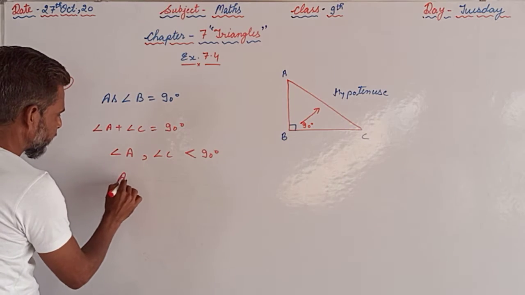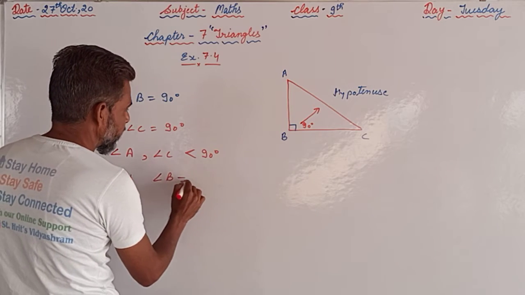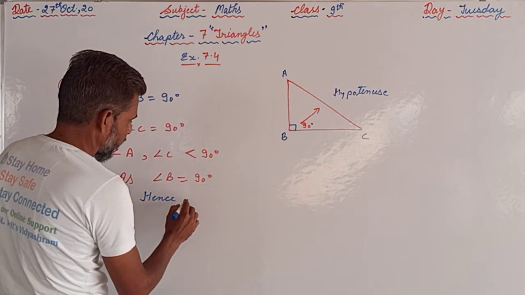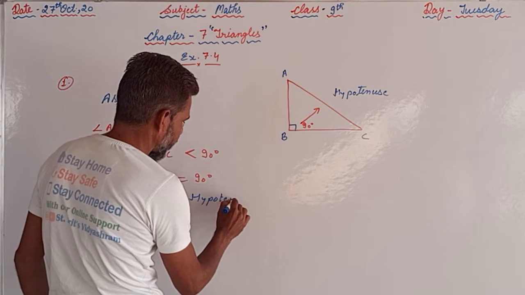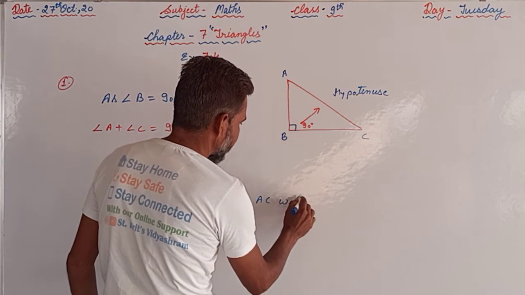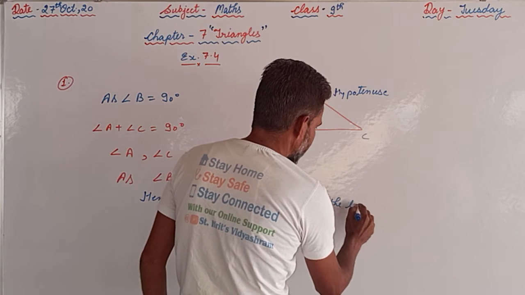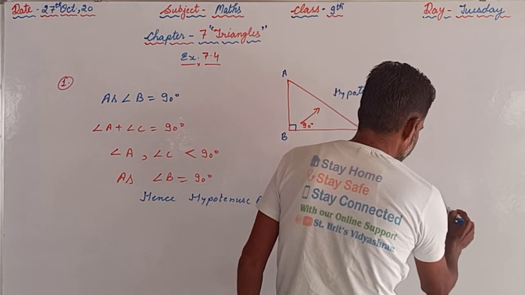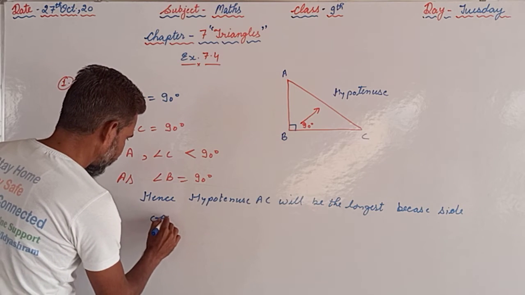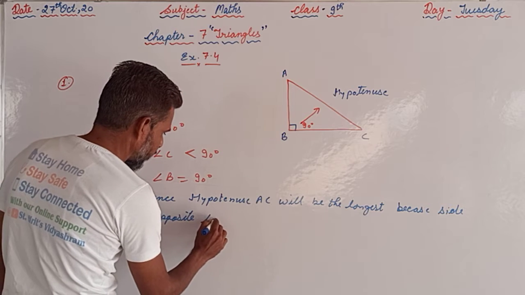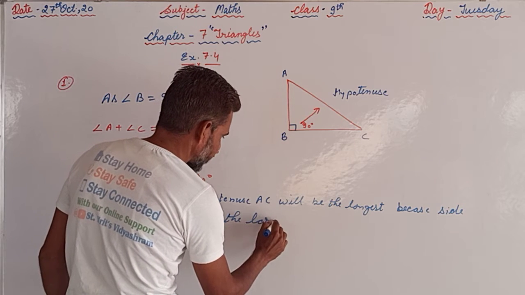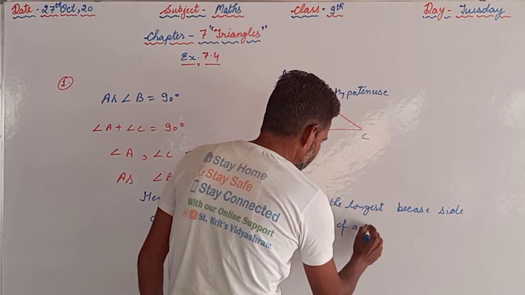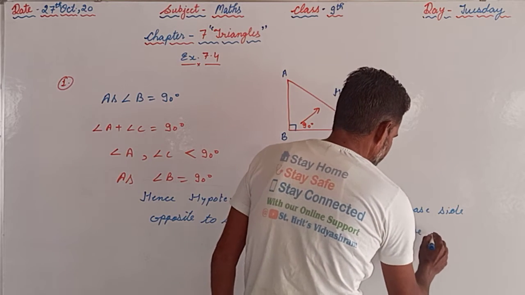So we can say, as angle B is equal to 90 degrees, hence the hypotenuse, that is AC, will be the longest, because the side opposite to the largest angle of a triangle will be the longest.